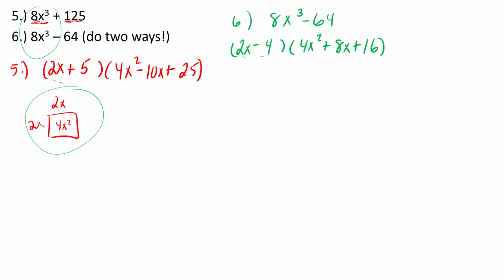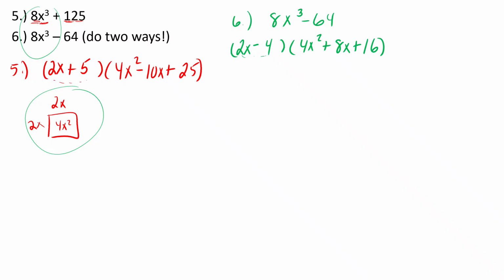But the directions said completely factor. And when I get this factored this far, I can see that it is not completely factored because I have all even numbers there. So what I need to do is factor out some common factors.